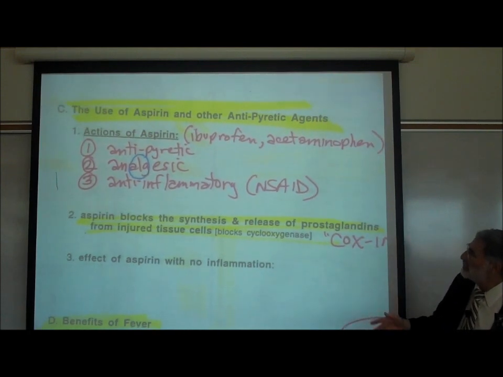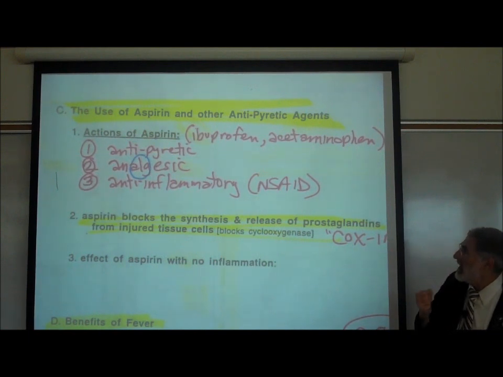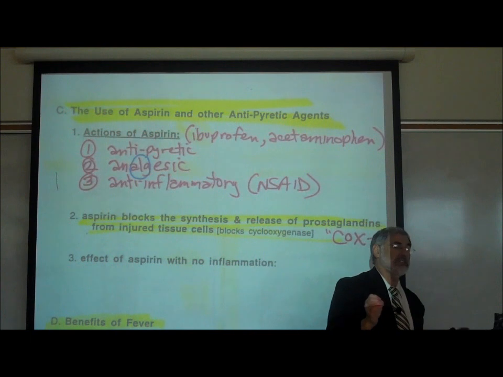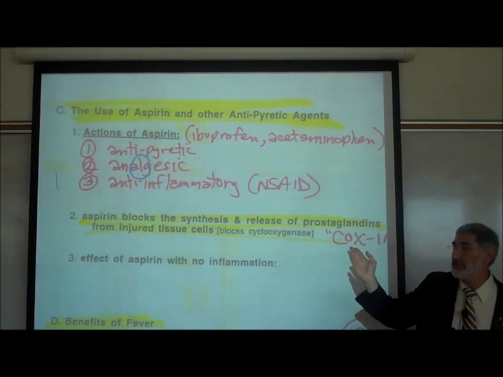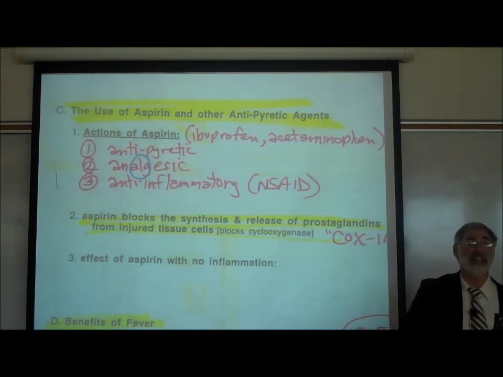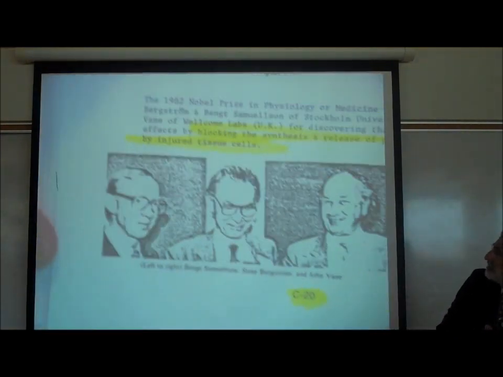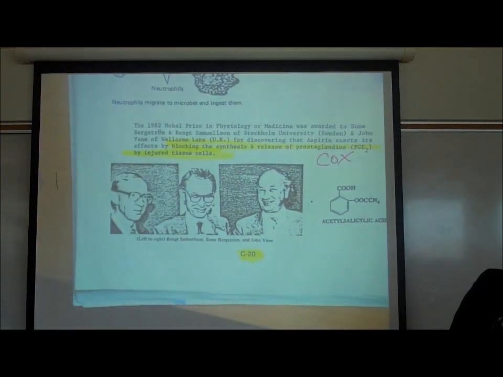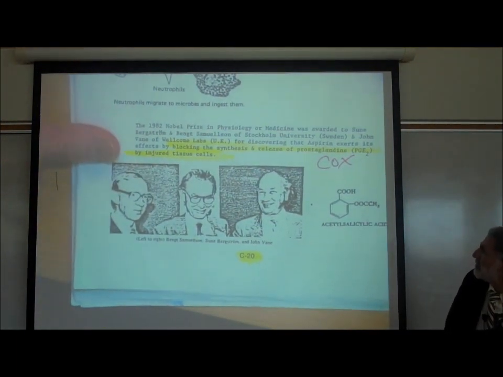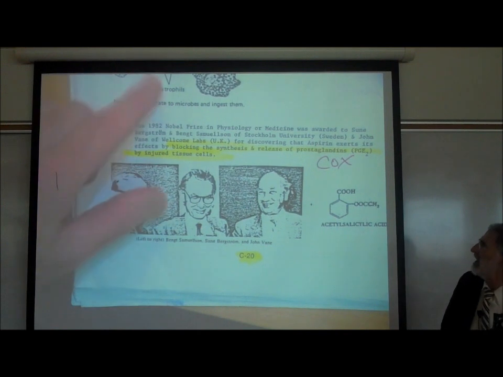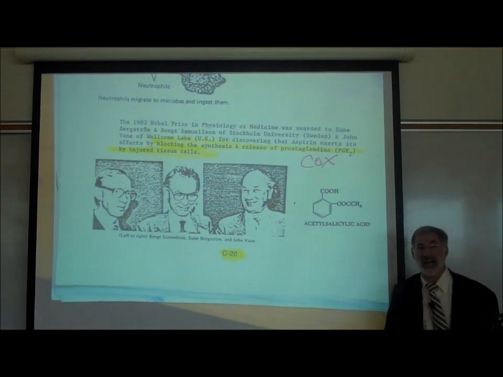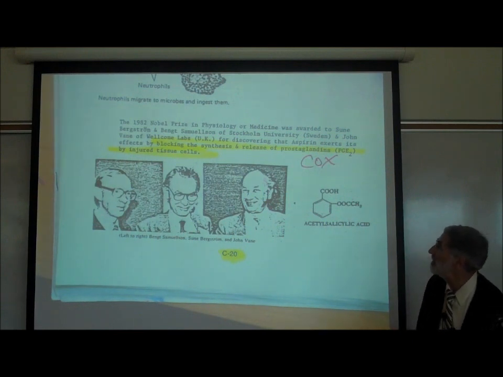So aspirin's used for all these purposes. Now, even though aspirin's been around for 300 years, they only discovered how aspirin and these other drugs work in the 1970s. If you look on the previous page, at the bottom, and I don't give history questions, but these are the 3 guys who won the Nobel Prize in 1982 in physiology or medicine for figuring out how aspirin and these other drugs work.